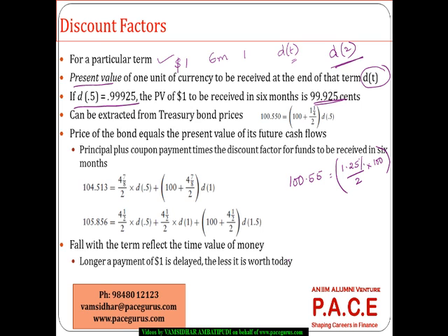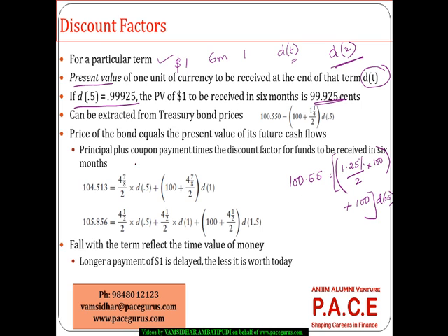And because that happens to be the maturity date also, even the principal amount of 100 is refunded on that date itself. So these two are the cash flows that are coming on that particular date, which means I can very well discount them with D of 0.5, the discounting factor, which gives me the present value of that cash flow coming after 6 months.